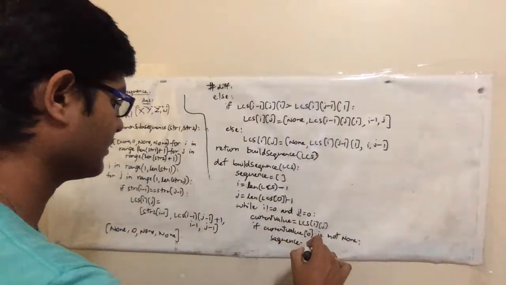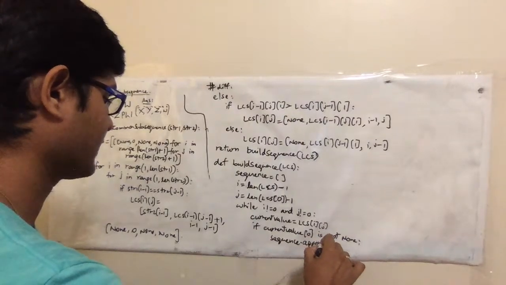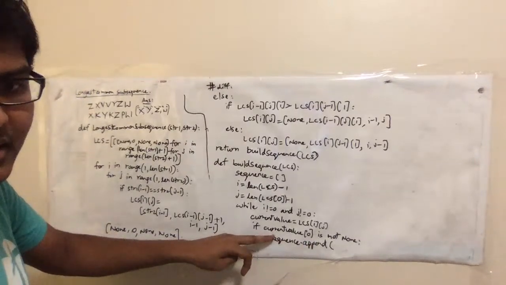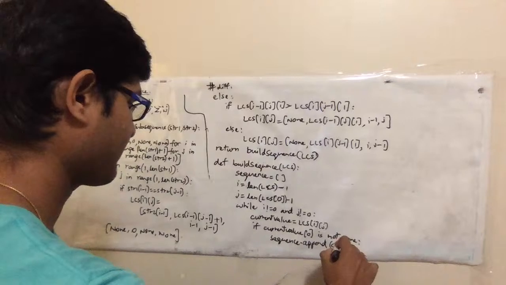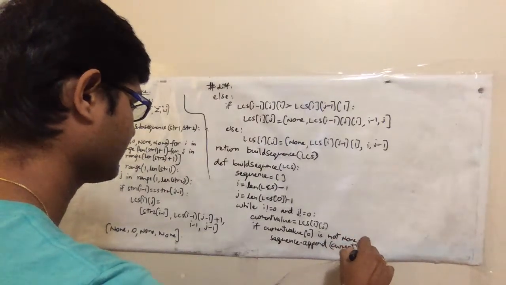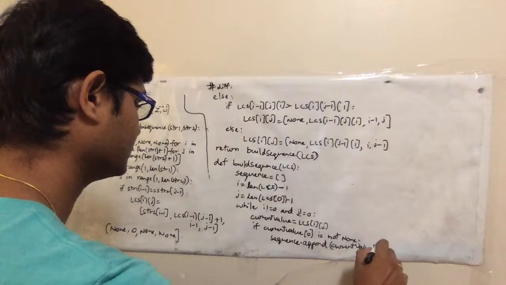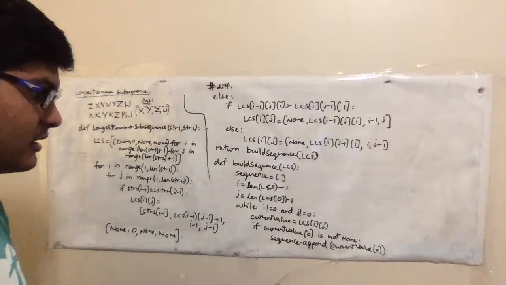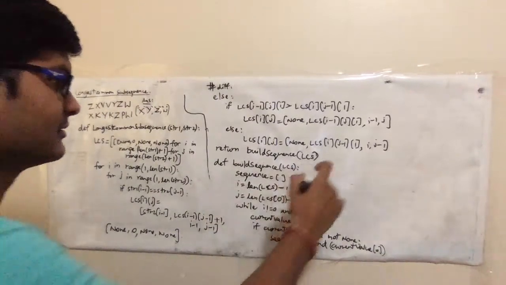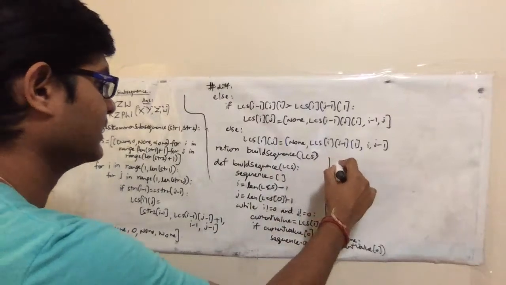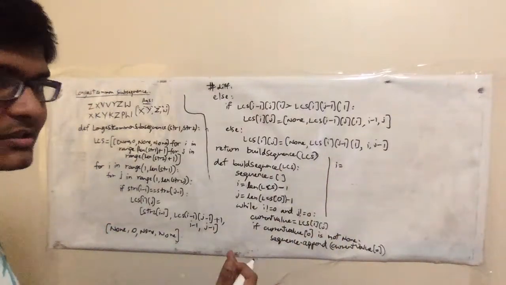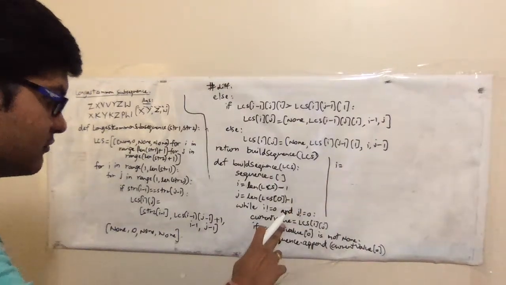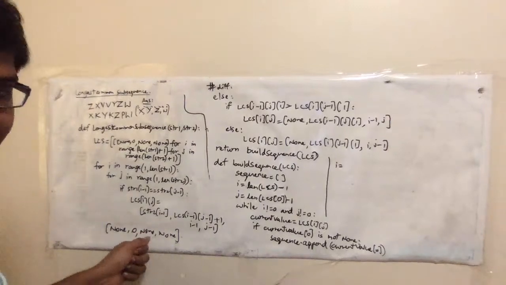So sequence dot append. What will you append? We will append the current value, the zeroth element. We have appended. And for backtracking, we need to update the i and j index. How will you identify i and j? We have got those values here as the i and jth index.